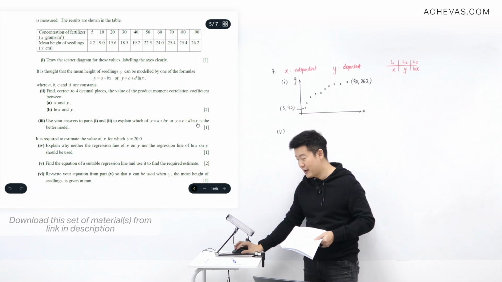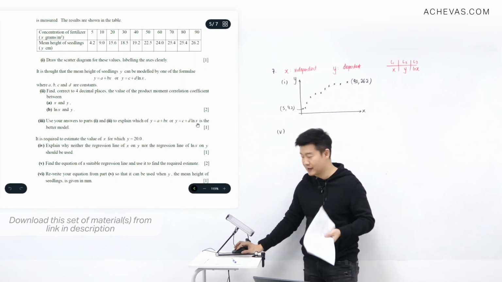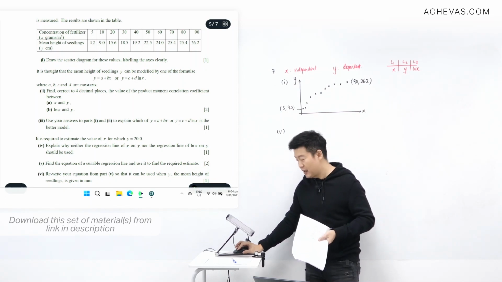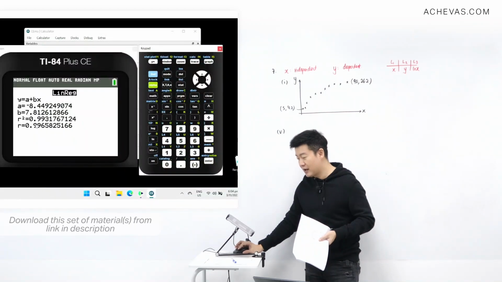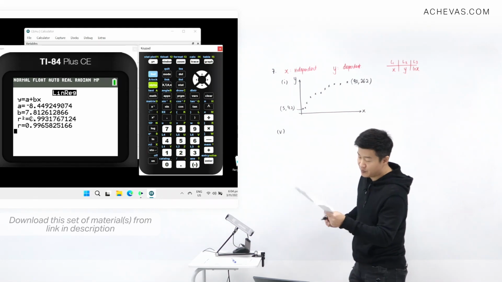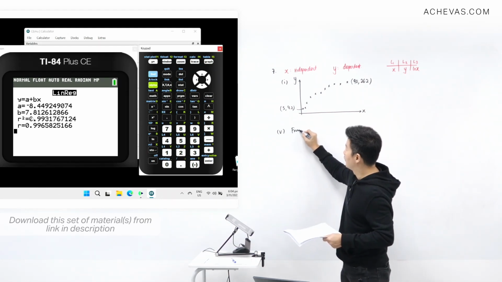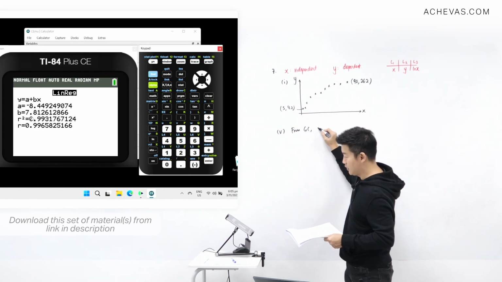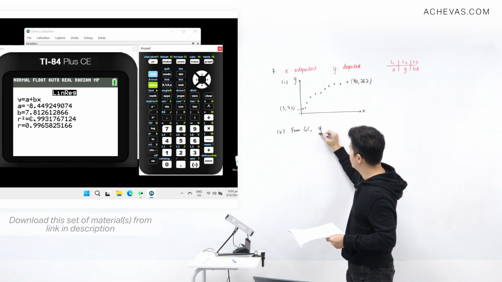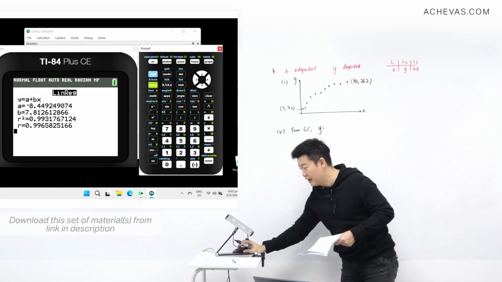This is the model where x, or ln x in this case, is the independent, and y is the dependent. And the regression line that we are looking for is this. So let me write it down. The regression line from our graphing calculator will be y is equal to a plus b ln x, with a and b as given here.